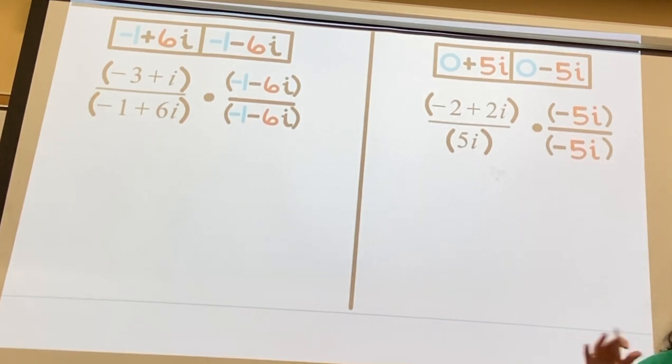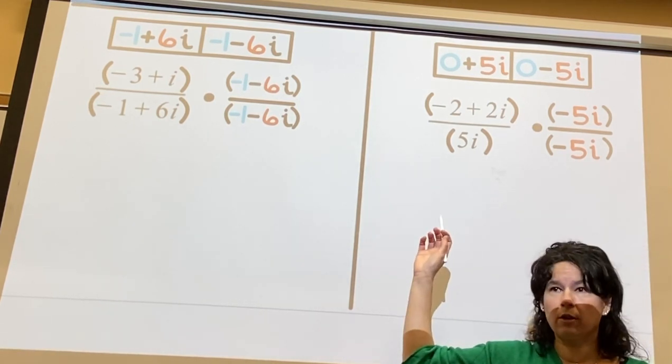So it doesn't really matter if we multiplied this one by a positive or a negative, it'd be fine. But if you want to just stay consistent that you're multiplying by the conjugate every single time, it'll always work for you. Okay, would you like me to finish either one of those?